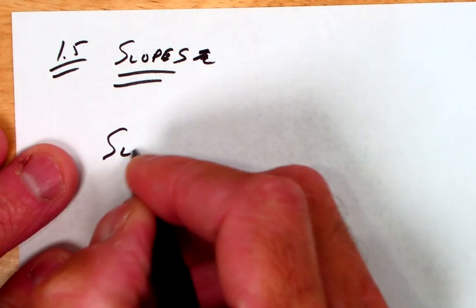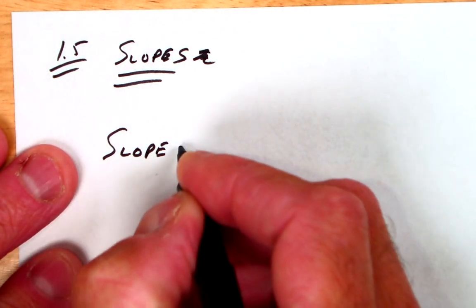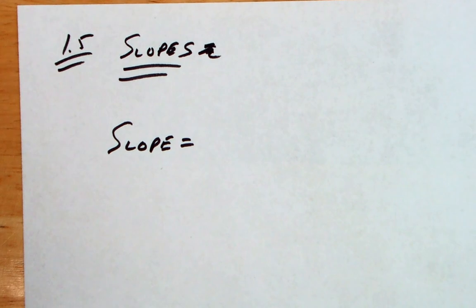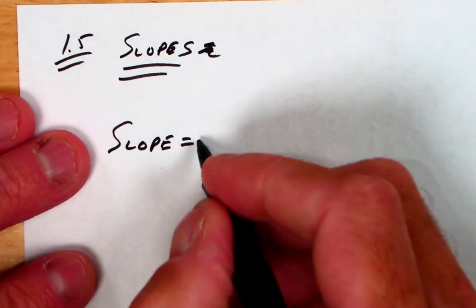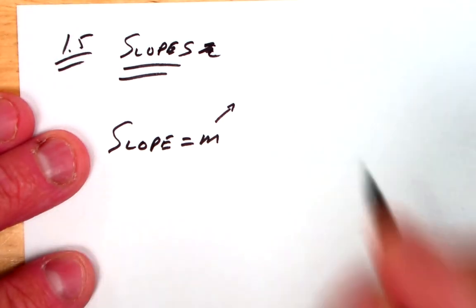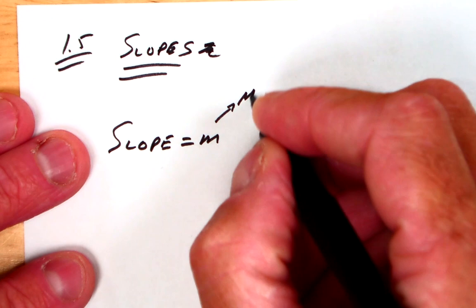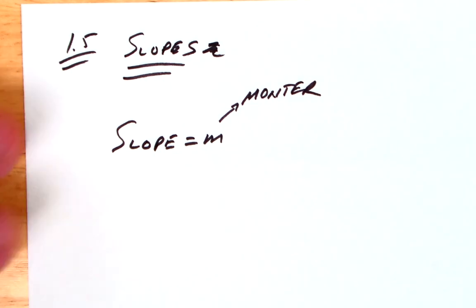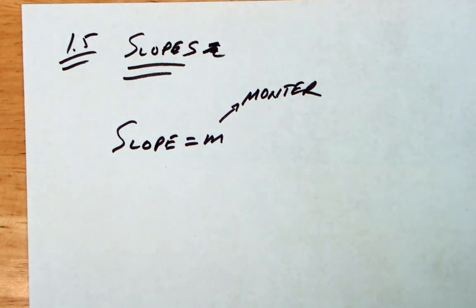First of all, slope. There's one letter we usually use to represent slopes. Anybody remember what it is? M. And the reason, at least in my opinion, is that it's the French word for to rise, monter. So that's why I think they use M for slope, but who knows?